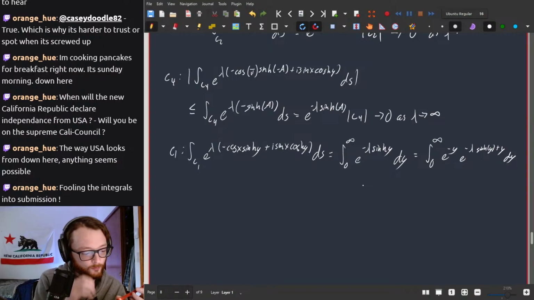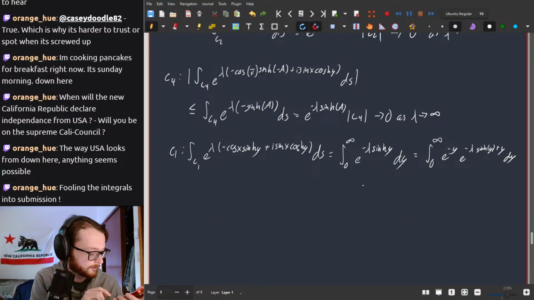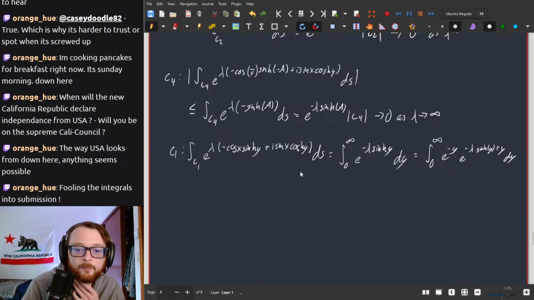Oh, no, this trick doesn't work. Not for what I was trying to do. Okay. Fooling the integrals into submission. Yeah. I'm going to have to do a different idea.